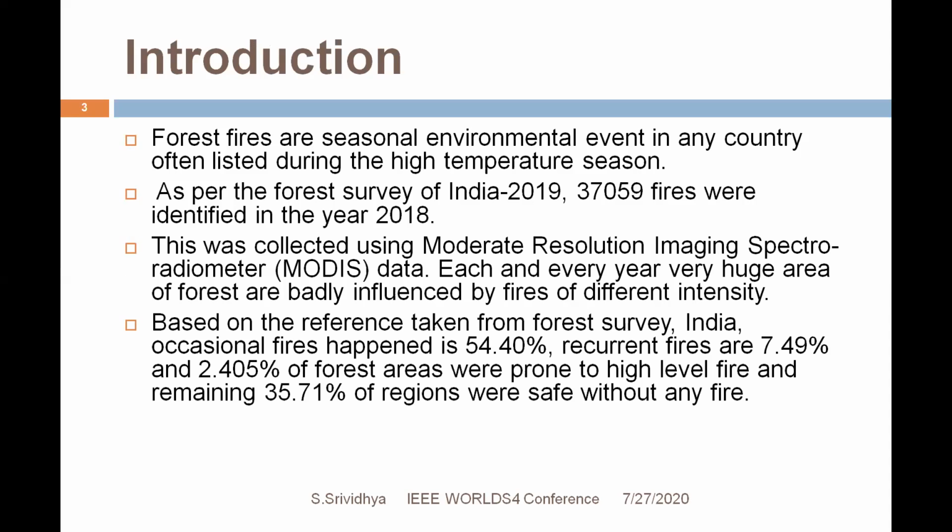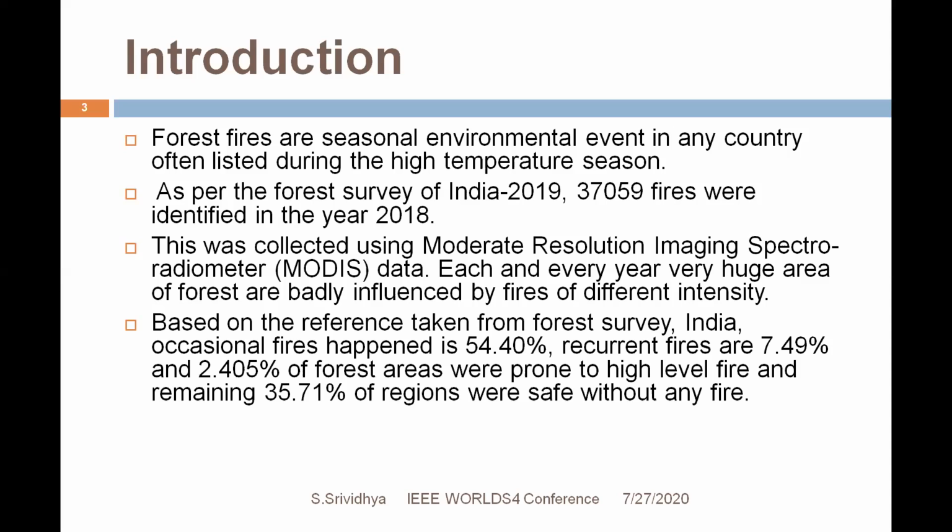I am from India, so I have taken the data related to Indian forest fires. During the high temperature seasons, as per the 2018 Forest Survey of India, 37,000 fires were identified. Here we are using MODIS data, the Moderate Resolution Imaging Spectroradiometer data taken from the satellite, which helps identify the fires that occurred in past years.